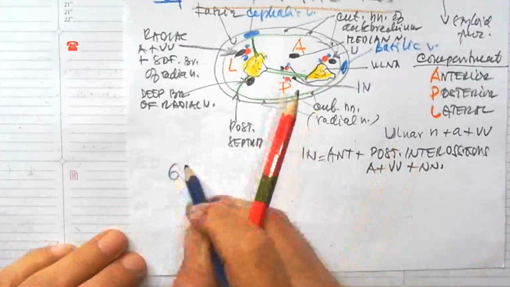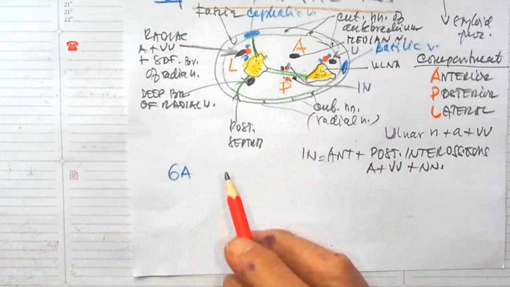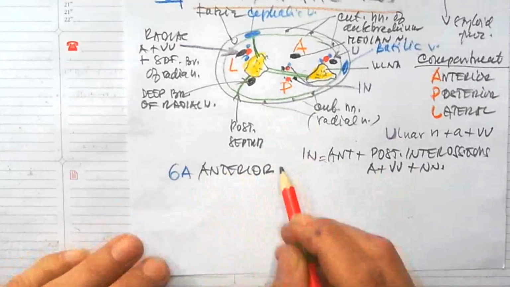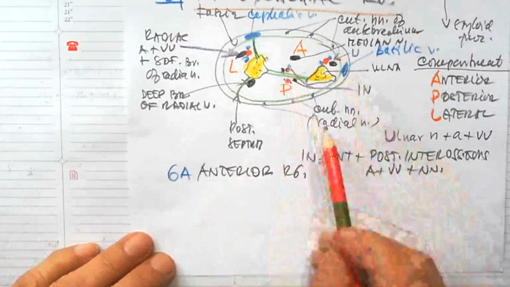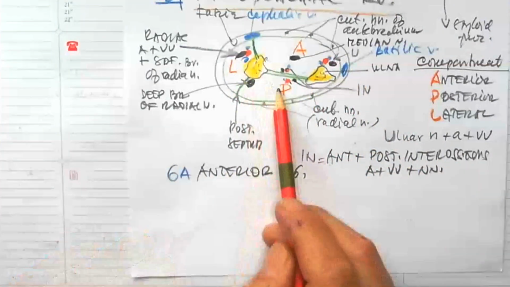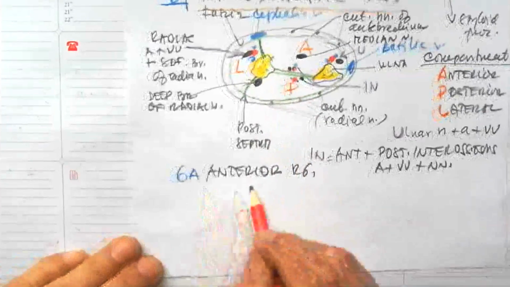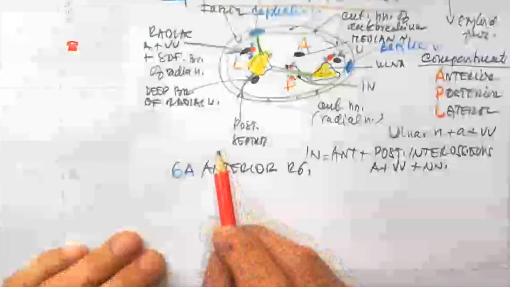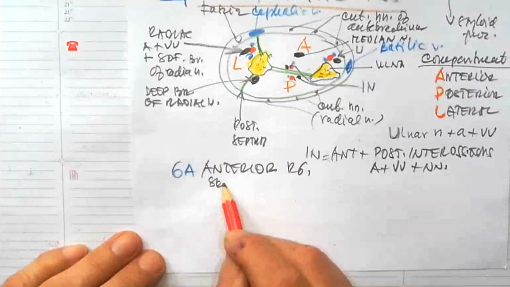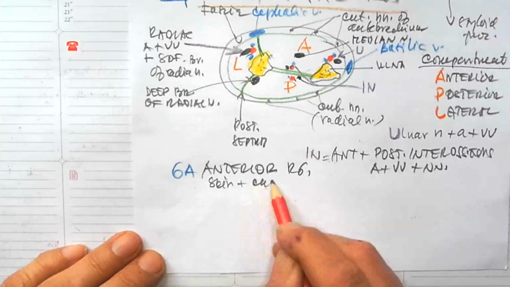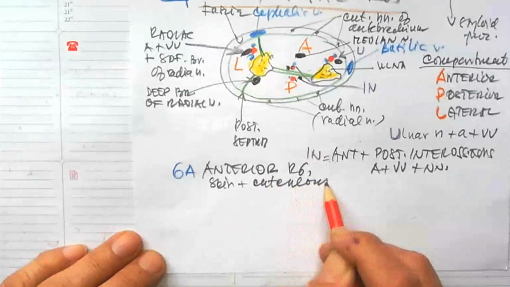6A would be anterior, briefly anterior compartment or anterior region with the anterior compartment. Lateral is usually described together with the posterior. Anterior compartment: skin, we said skin plus superficial plus cutaneous nerves.